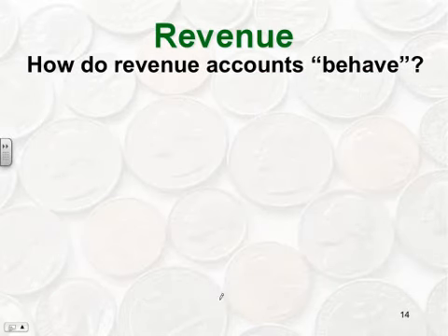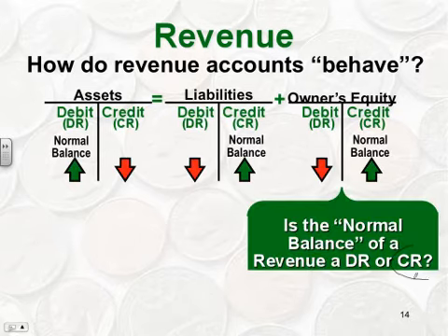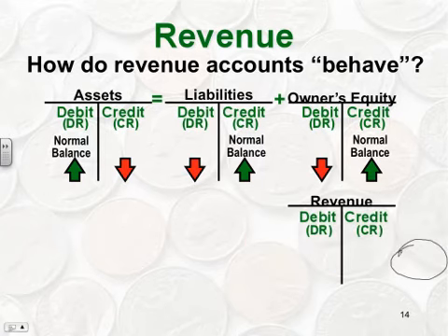How do revenue accounts behave? We know assets have a normal debit balance, liabilities have a normal credit balance, and owner's equity has a normal credit balance. Let's look at revenue: credit. Just like owner's equity, things that increase owner's equity, like revenue, will act similarly to owner's equity.